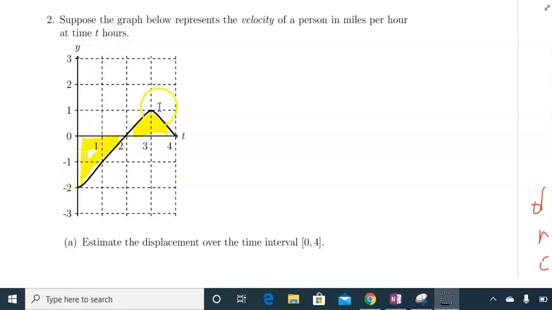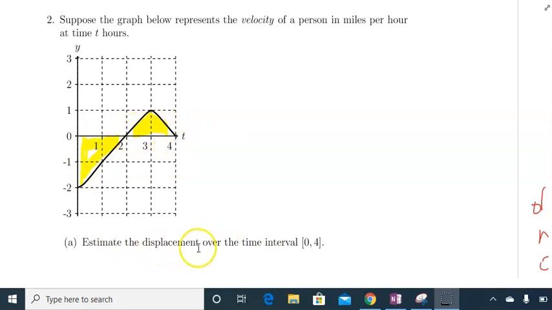So here's your graph. It's like a triangle there, another triangle right here. Looks like. So we've shaded the parts, and there's one between 0 and 2, that part is below the x-axis, and between 2 and 4, the part is above the x-axis.